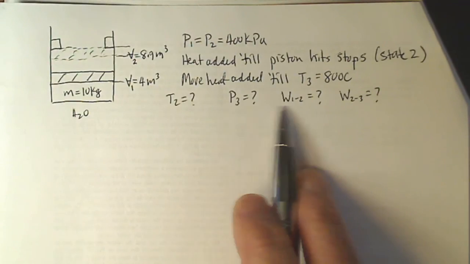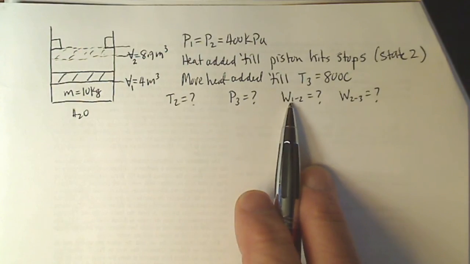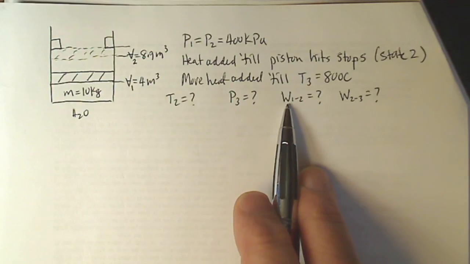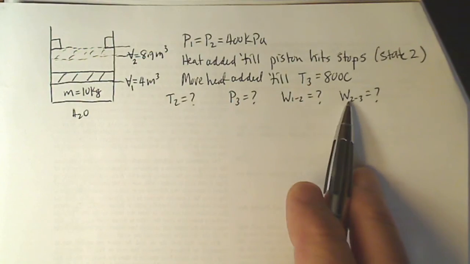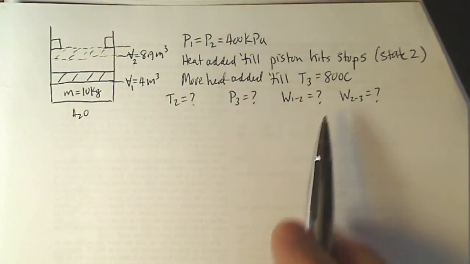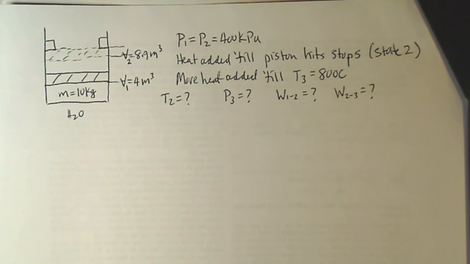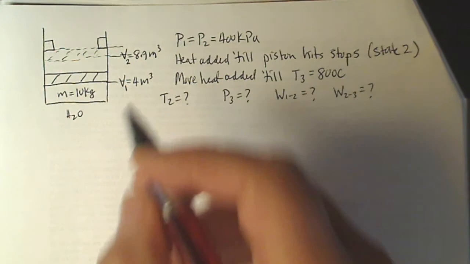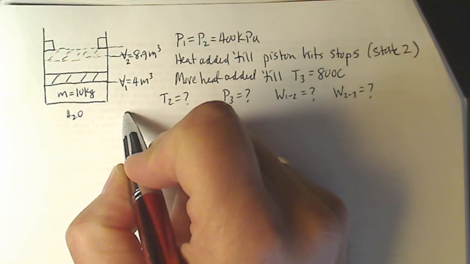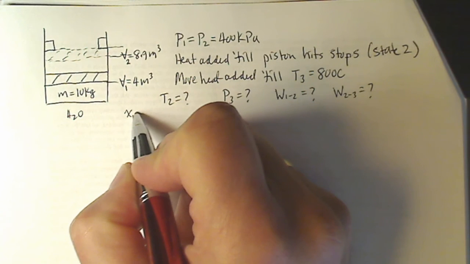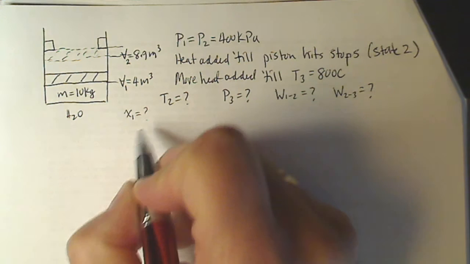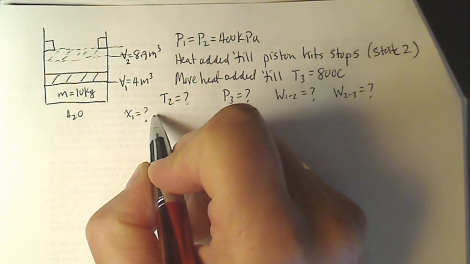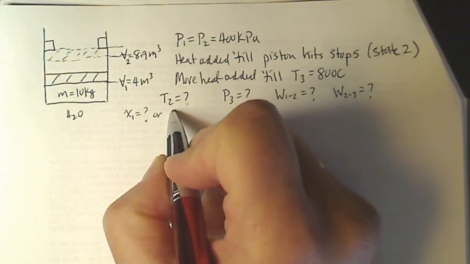And since we've talked a little about boundary movement work, we now ask the question, how much work is done in going from 1 to 2, and how much work is done in going from 2 to 3? And as well, I'm going to add the question here, what is the initial quality or the initial temperature?